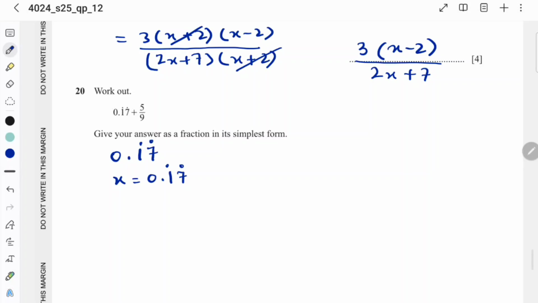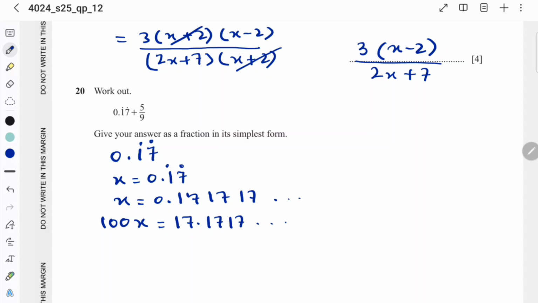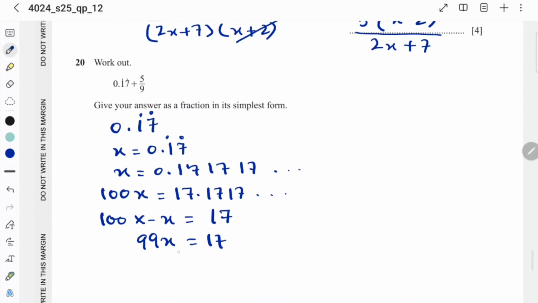So x is equal to 0.171717. This is 2 decimal places, that's why 100x is equal to 17.1717. Because there is no number without the recurring, I'll just subtract 100x minus x, and I'll not subtract anything there. So that is 99x equals 17, and x is equal to 17 over 99.